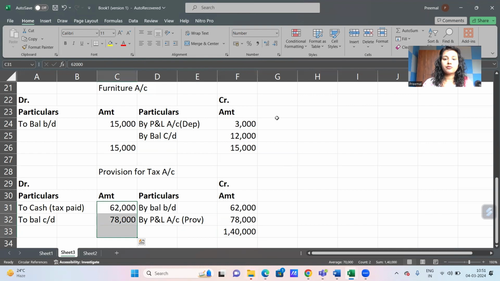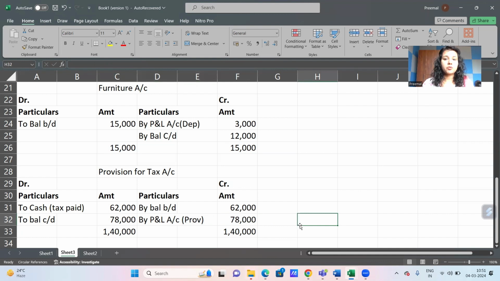Now remember, this is mainly done to find out what is the amount of tax paid and what is the amount of provision made. If they mention the tax paid in the question, then on the debit side, you will write that amount. And automatically, the balancing figure will give you the provision made. On the other hand, if they mention the provision for tax in the adjustment, write that amount on the credit side. And then the balancing figure will give you the amount of tax paid.